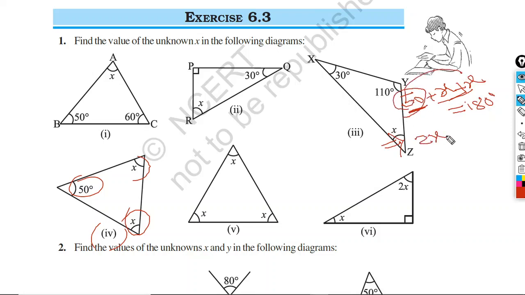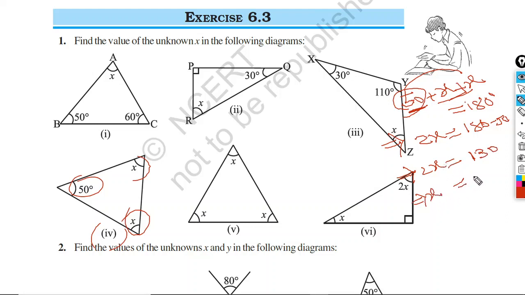Now 2x will be equal to 180 minus 50, implies 2x equal to 180 minus 50 is equal to 130, implies x will be equal to, divide 2 on both sides.